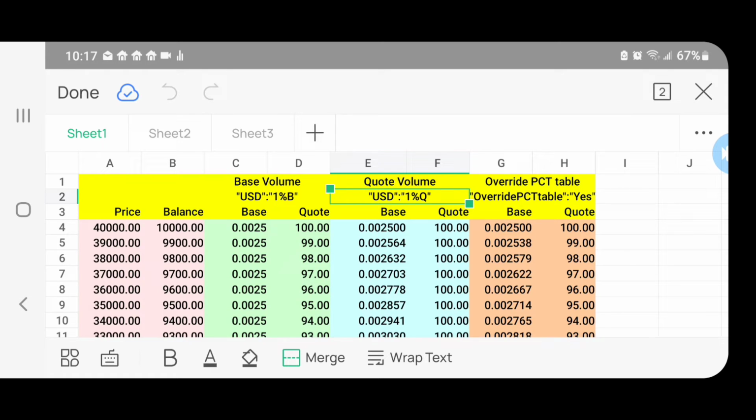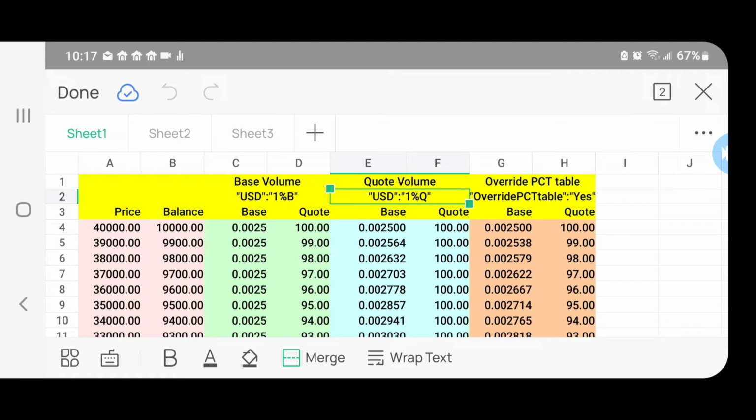So in the case of the budget, no matter what, the starting budget is $10,000. Therefore, the quote currency volume of that entire trade cycle needs to be $100 per position. And both of these, base currency volume and quote currency volume, maintain these for the life of the trade cycle.